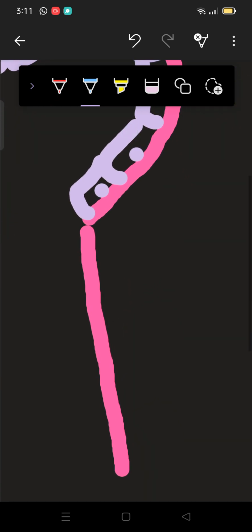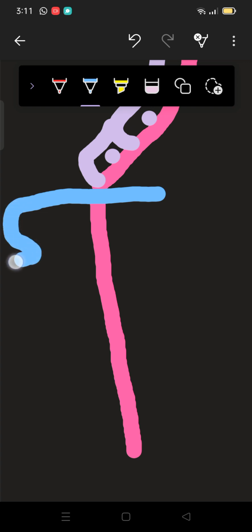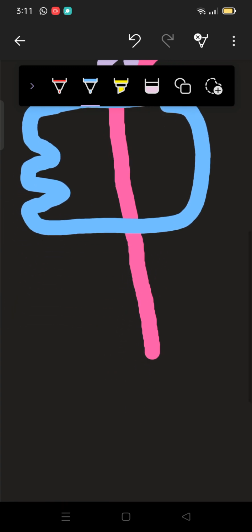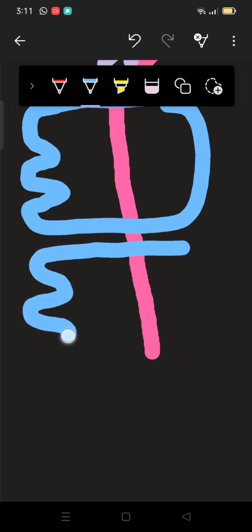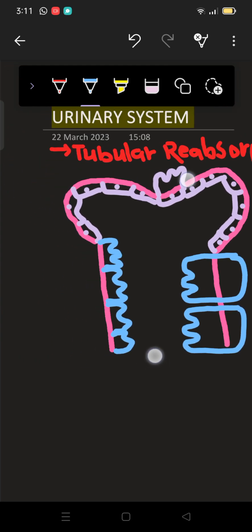Here I am going to make a big one so that I can explain reabsorption. This is the cell. Brush border cuboidal epithelial.